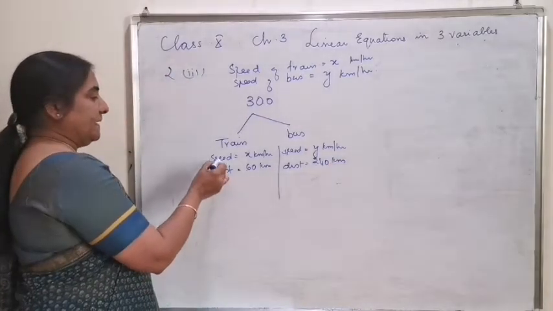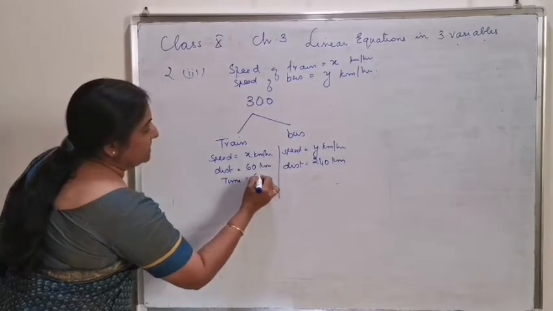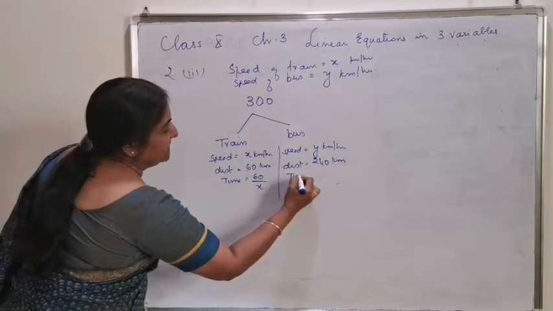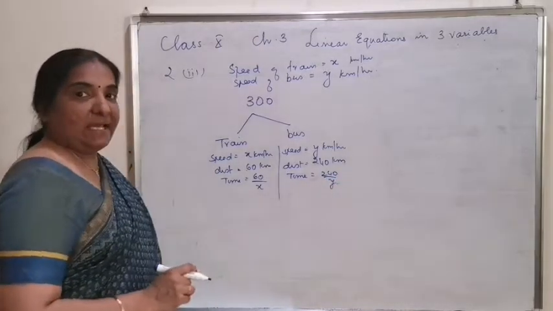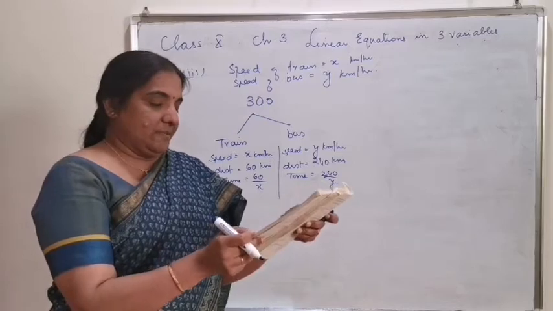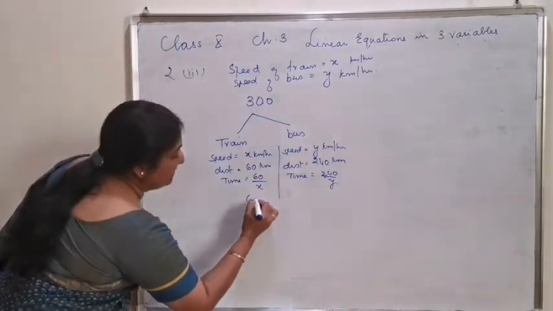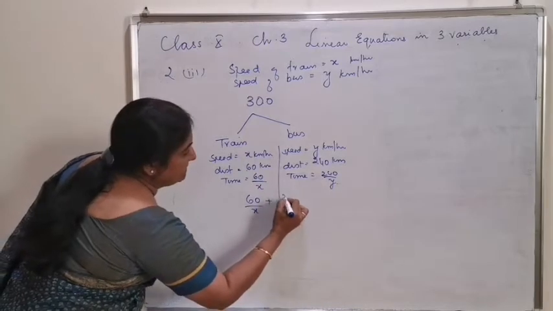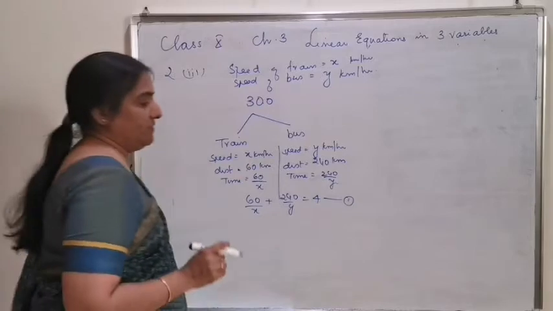If you know the speed and distance, time is equal to distance by speed. It says that the total time taken for the journey is 4 hours. So what will be the first equation? 60 by x plus 240 by y is equal to 4 hours.